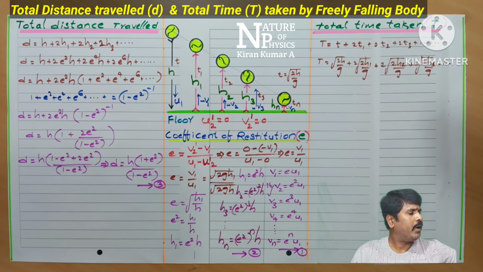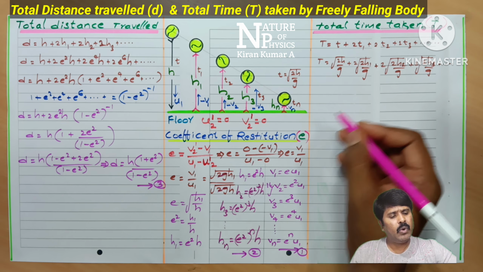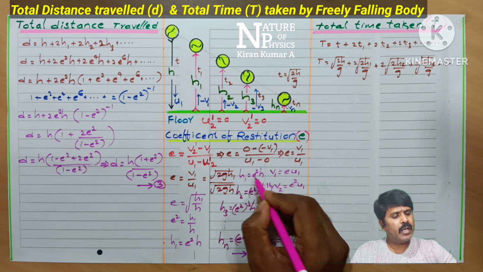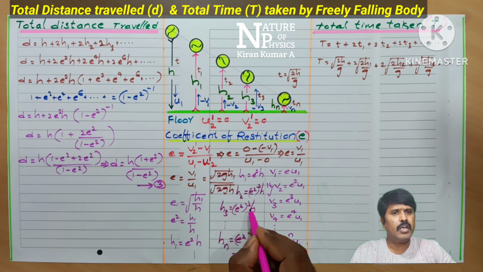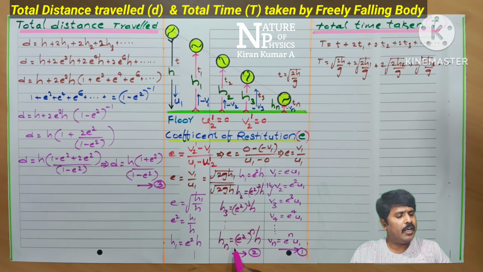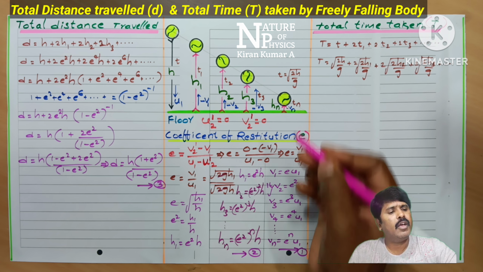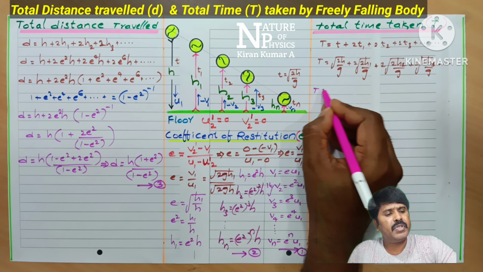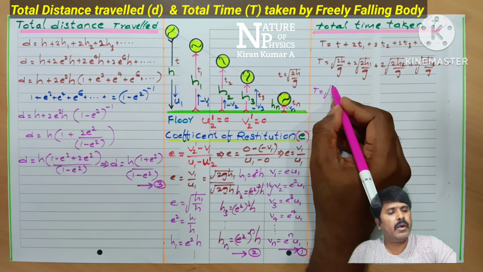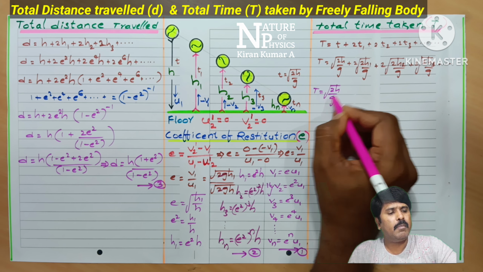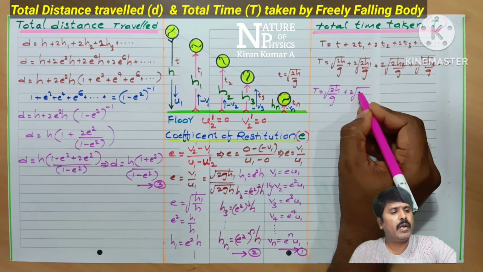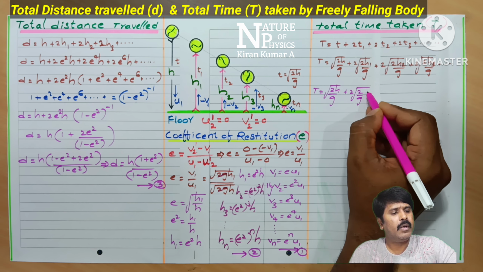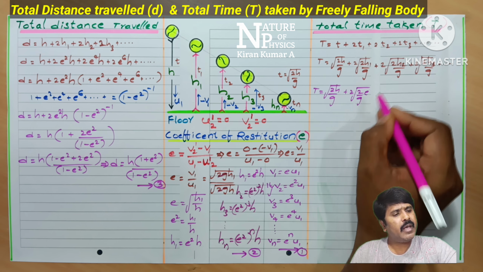Okay, student, now I am going to replace the h1 value. h1 is equal to e² h, h2 is equal to e to the power of 4 h, h3 is equal to e to the power of 6 h, and hn is equal to (e²) to the power of n h, student. So the time taken T is equal to root over 2h by g plus 2 into root over (2 by g into e² h).